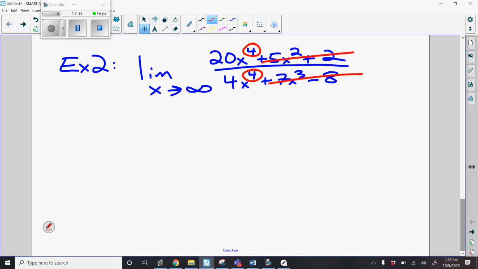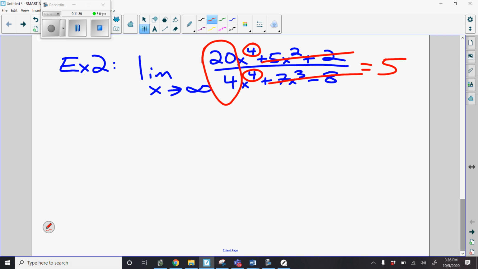They're not going to factor in when x gets infinitely big. So here we have 20x to the 4th over 4x to the 4th. Right, 20 times a big number divided by 4 times that exact same number. So it makes sense then that our limit is the ratio of those coefficients. It's 20 over 4, and we're going to get an answer of 5.